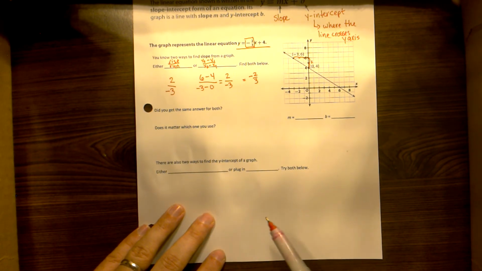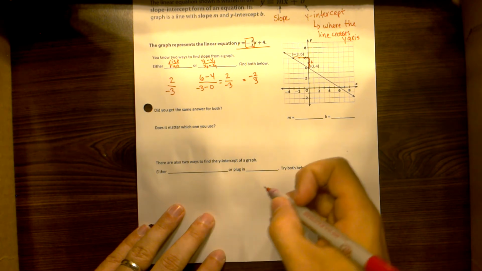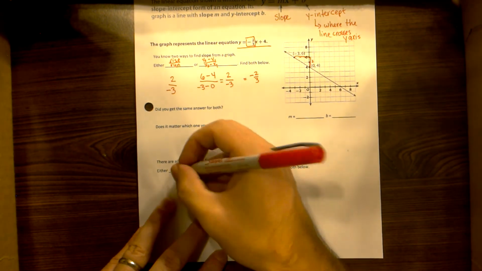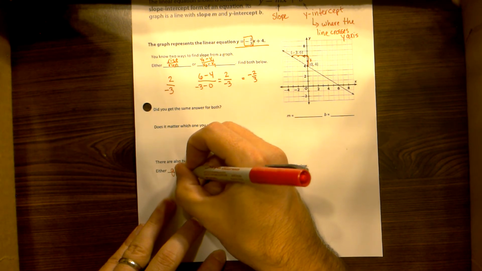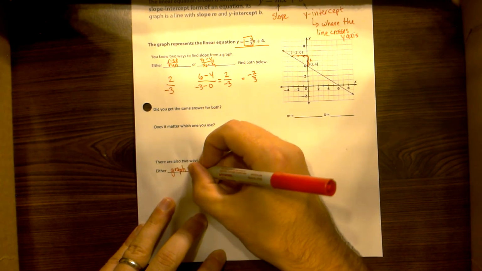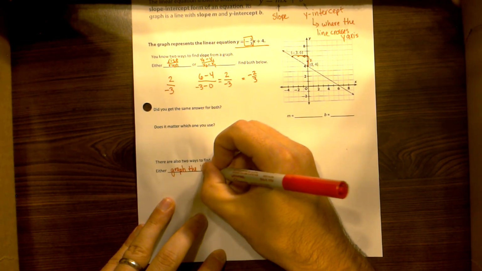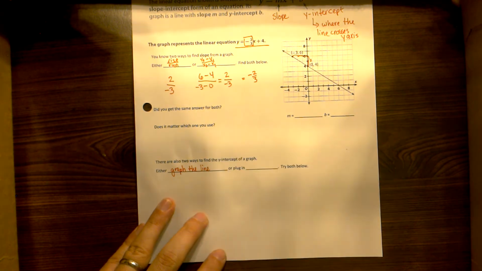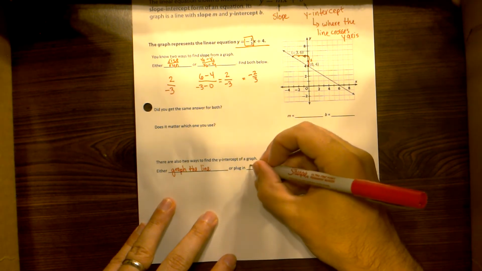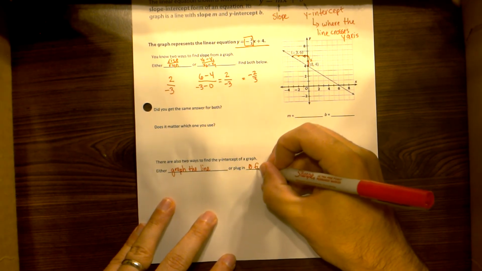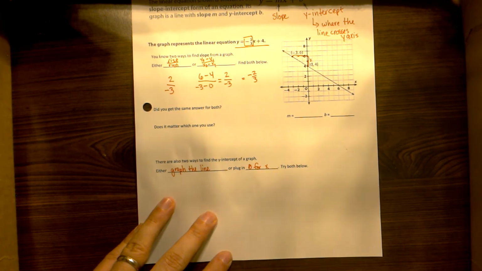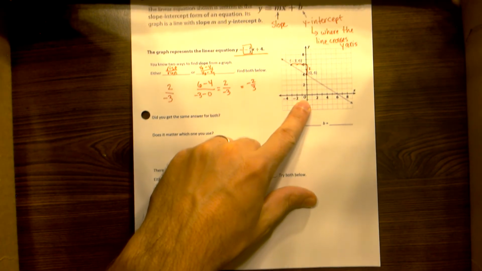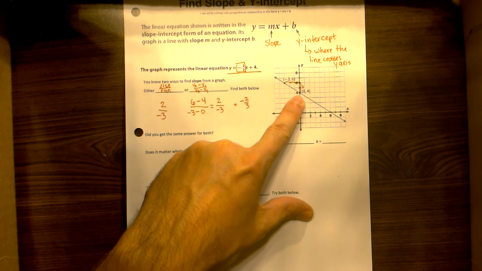There are also two ways to find the y-intercept of a graph. The first one is either graph the line or plug in 0 for x. Because remember, the y-intercept is where the line crosses the y-axis.